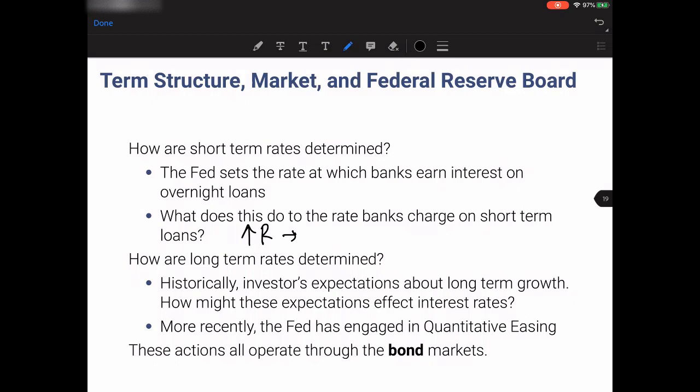So you can say it's sell bonds. That's going to push down bond prices. And as you know, there is a negative relationship between prices and interest rates, and in doing so, you get higher interest rates.